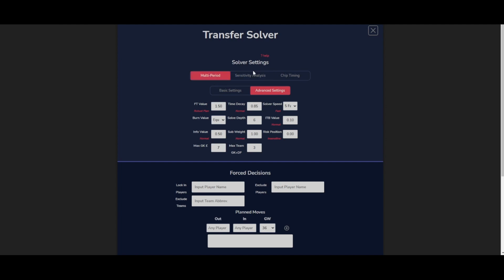Whereas sensitivity analysis is going to flag up alternatives more clearly than that. But supposing we're solving for a wildcard and we know which players we're interested in or not, we can exclude certain players, lock in certain players, and then move to our multi-period analysis.